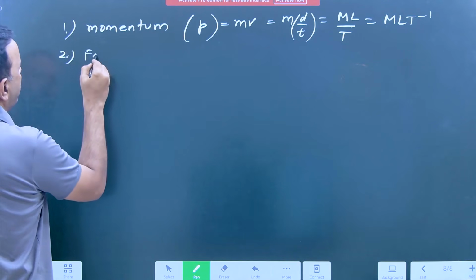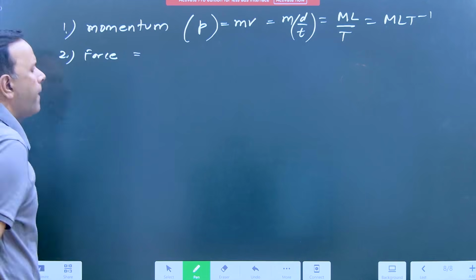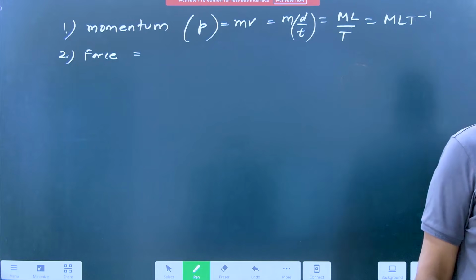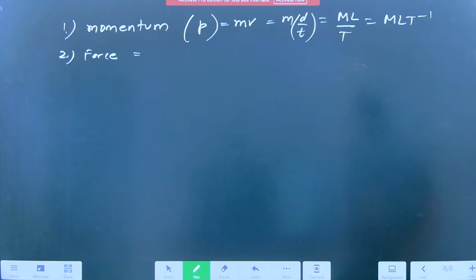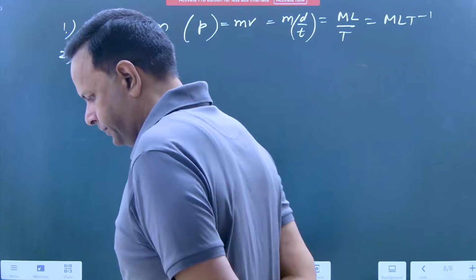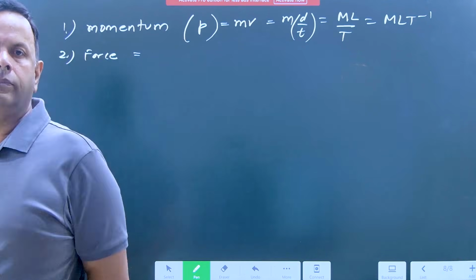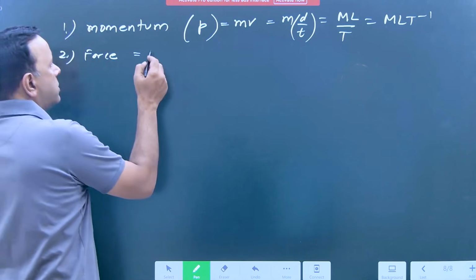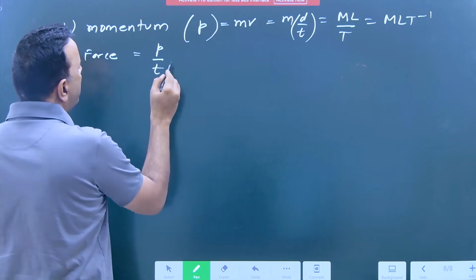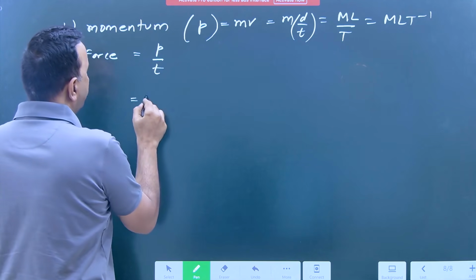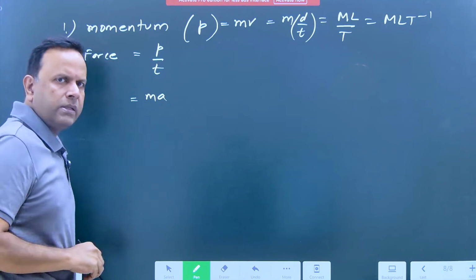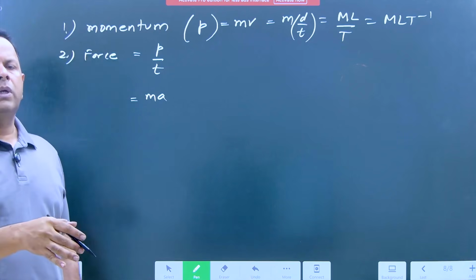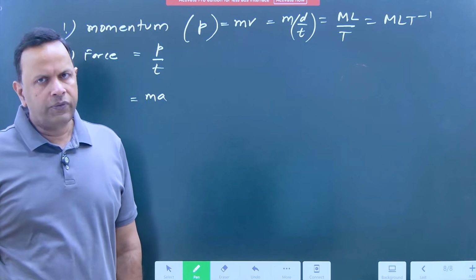Now let's write it for force. Try to write the dimensional formula for the force. I can define force either as momentum upon time, or as mass into acceleration. If you know two formulas or more, you can use any of them.